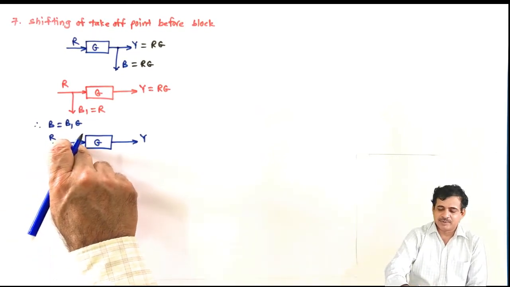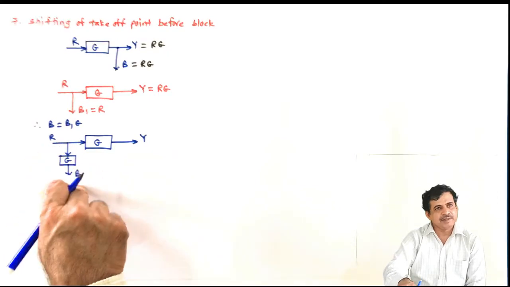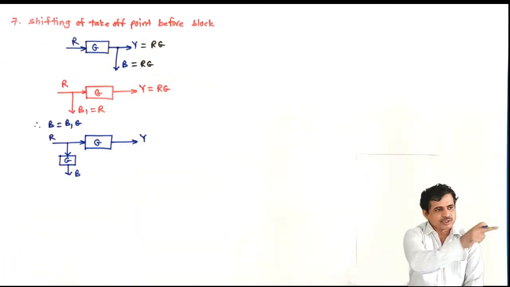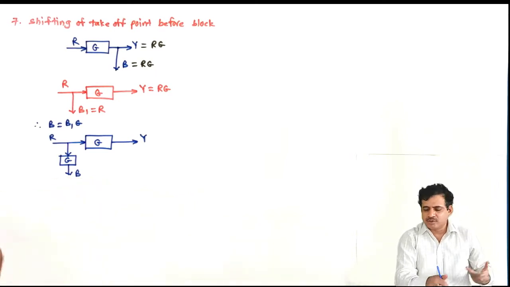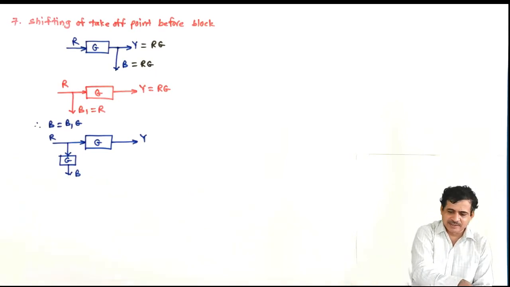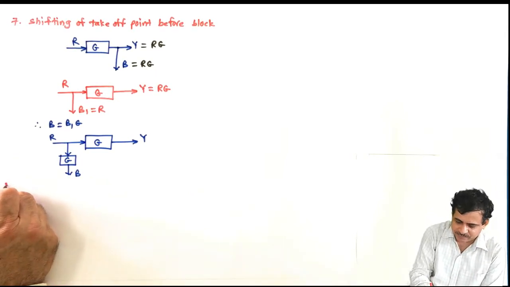This is B1, but when B1 is multiplied with G, I get B, and this B is moving to some other system, this is also B, so nothing is altered. Very simple. Let us move to next.